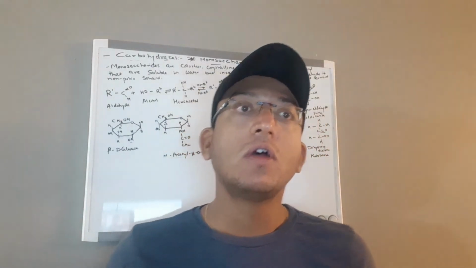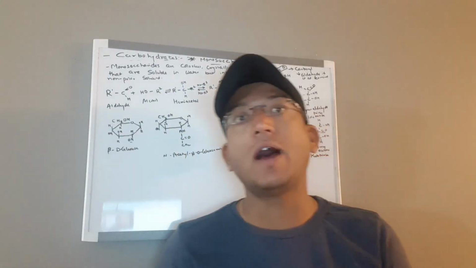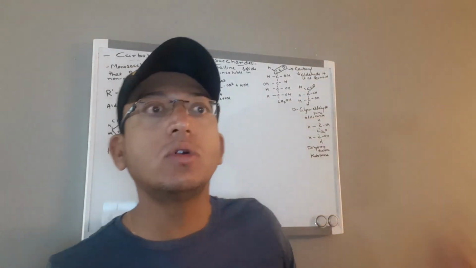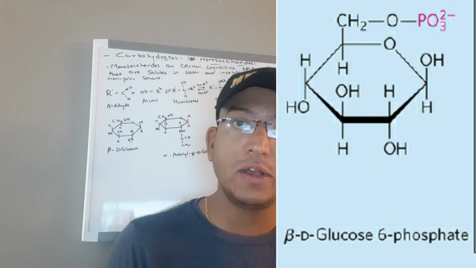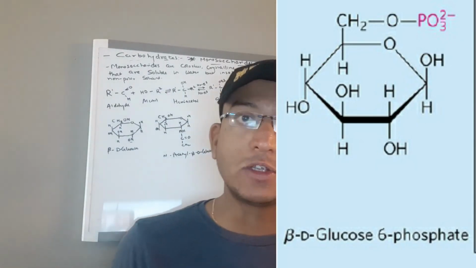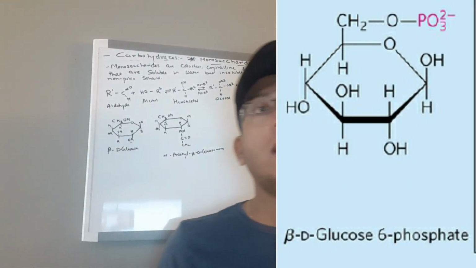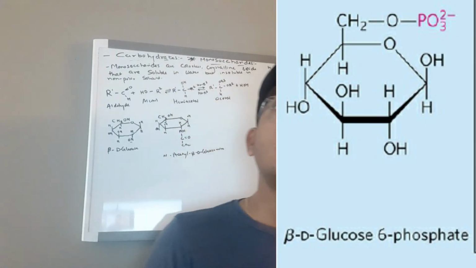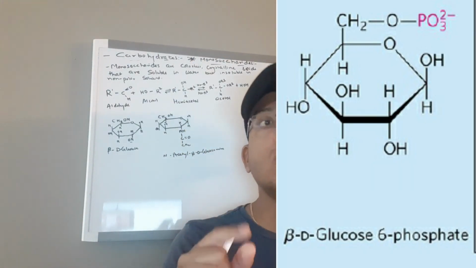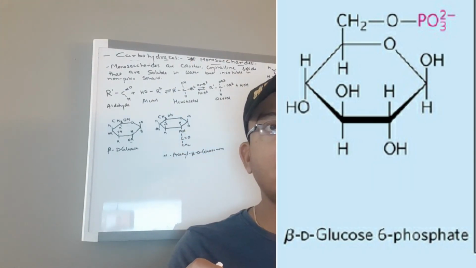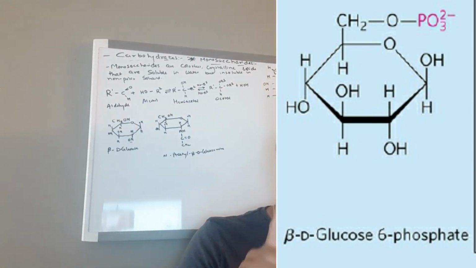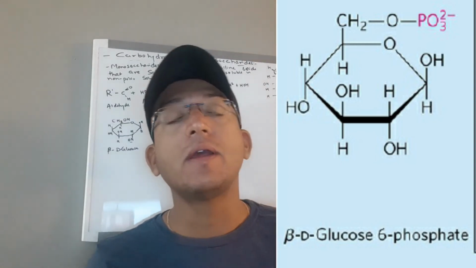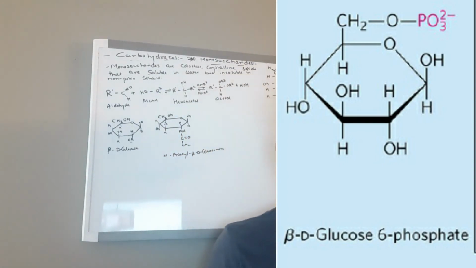Condensation of phosphoric acid with one of the hydroxyl groups of the sugar forms a phosphate ester, as in glucose 6-phosphate, which you can see on your screen as well. Glucose 6-phosphate is the first metabolite in the pathway by which most organisms oxidize glucose for energy.